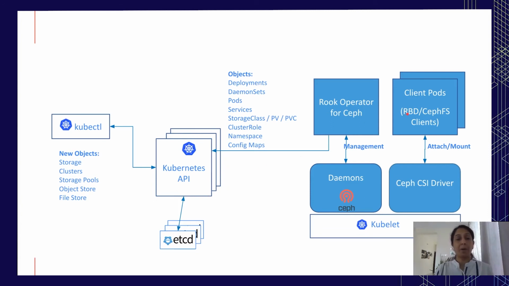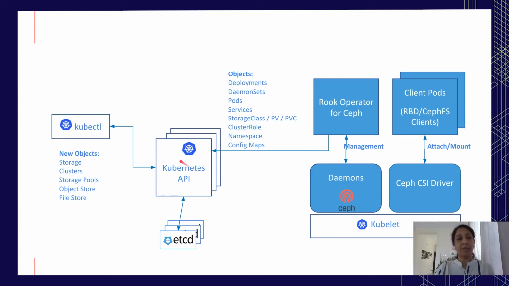The client pods use the RBD and CephFS clients to connect to the Ceph CSI driver, provision volumes dynamically, and attach and mount those volumes to the client pods. So this is all done in the native Kubernetes way, where we have the pods, the storage running in pods, connecting to the available storage underneath.